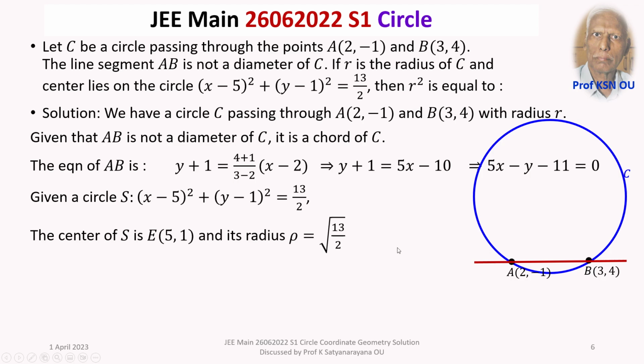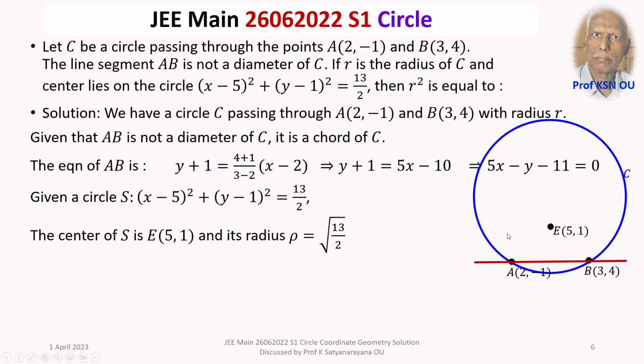So, we do not know where this circle S will lie and how this will lie, but we will put E. E is (5, 1), that is the center of the circle.